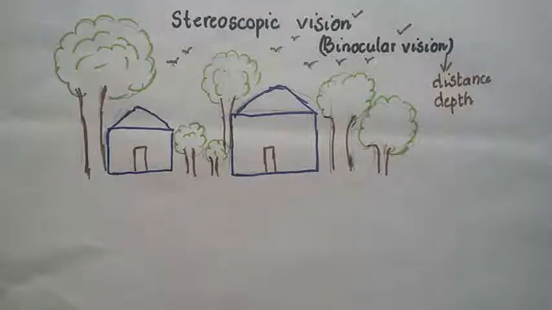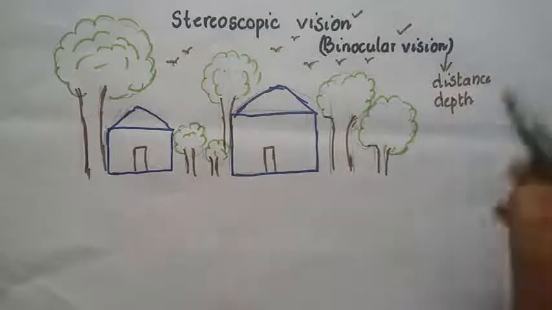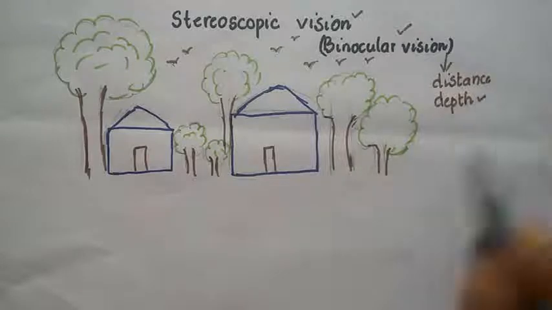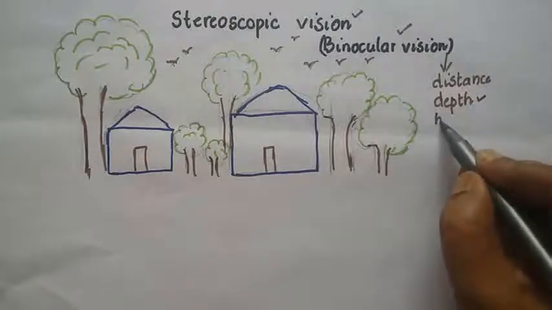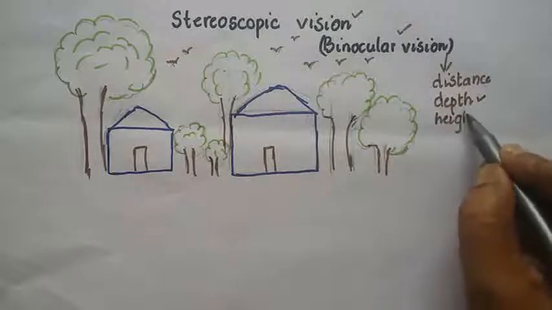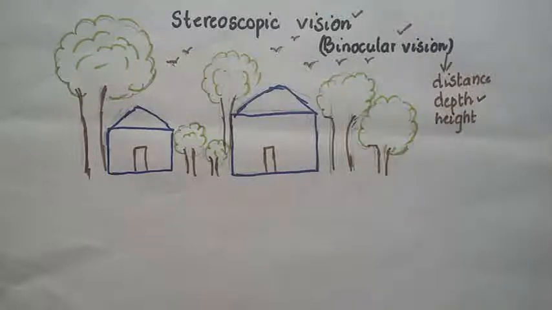Now take an example. When you just look into the well, when I ask you, where is the water? You can just approximately say how far the water is from your eyes, or you can say the depth of the water. Okay. Along with that, you can also measure the height of the object.